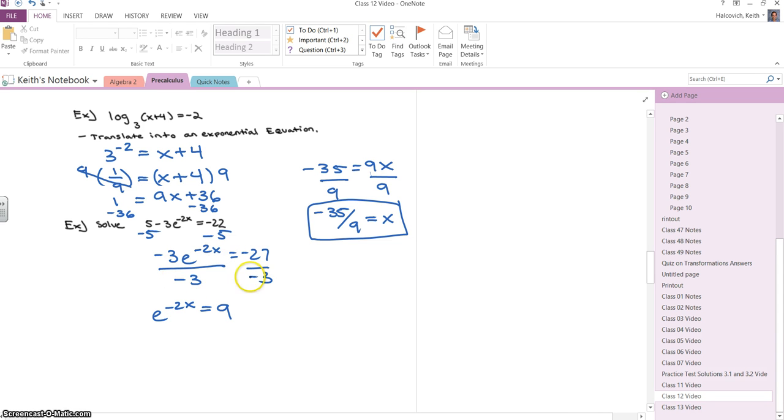Now we take the log, or in this case the ln of both sides because it's base e. So we're going to use ln since the base is e. So we're going to go ln e to the negative 2x equals ln 9.